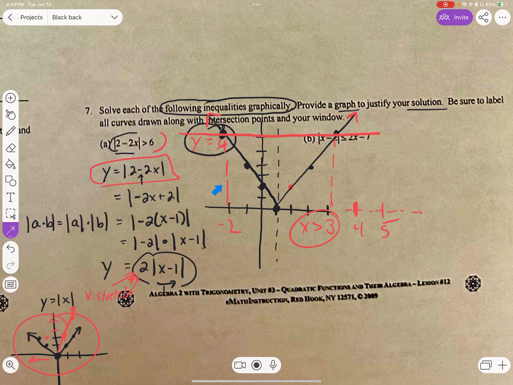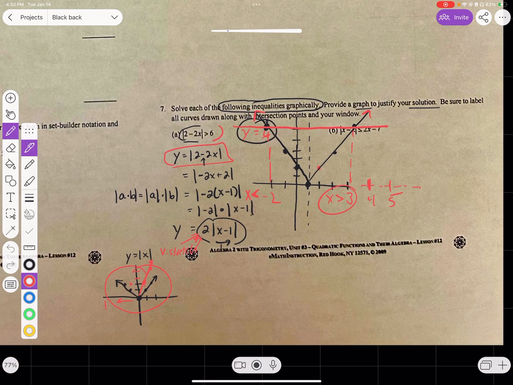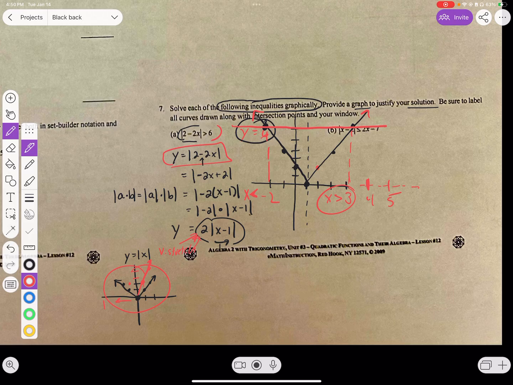So I need x's on this side of the -2, so I want x's that are less than -2. So to sum it up, there's your graph. And my answer is, and he uses set notation sometimes, the set of all x's where x is less than -2 or x is greater than 3.